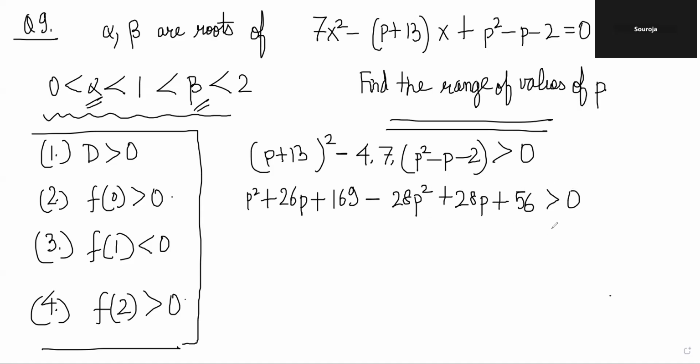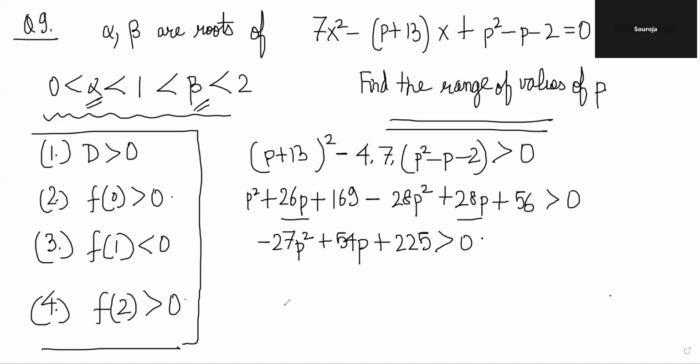So we are getting minus 27p square, 26p and 28p adds up to 54p, and plus 172.25.